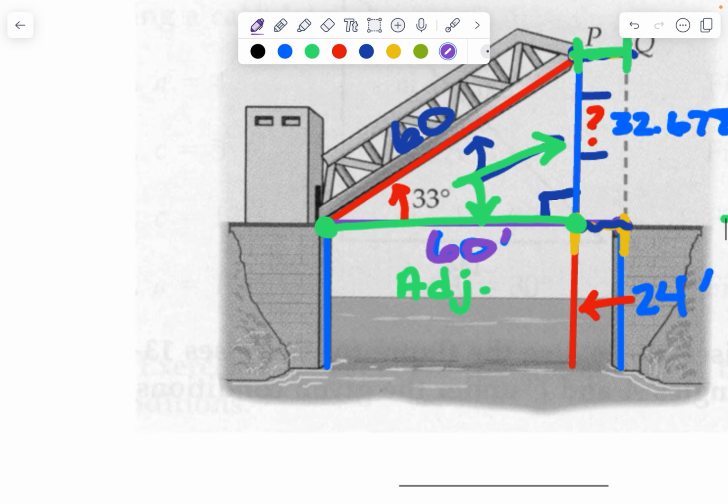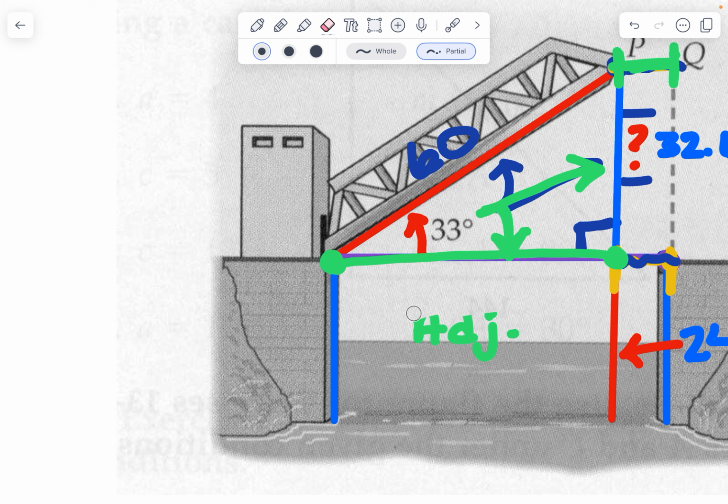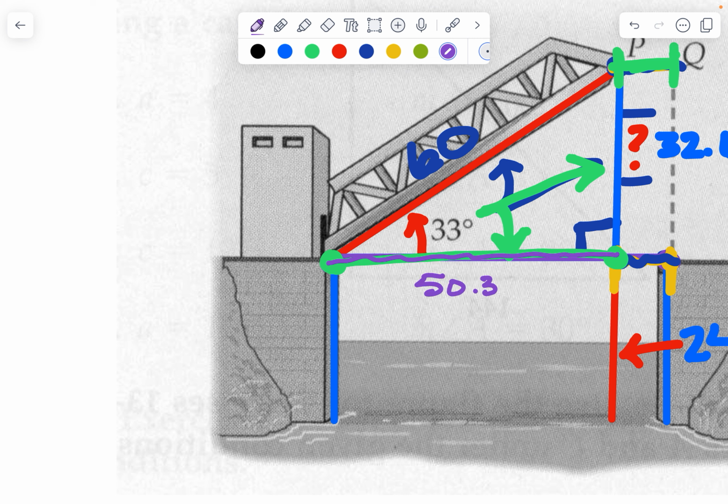So what does that mean? It means when the bridge is up, from here to here is 50.32 feet. When the bridge is down, from here all the way over here, that's 60.